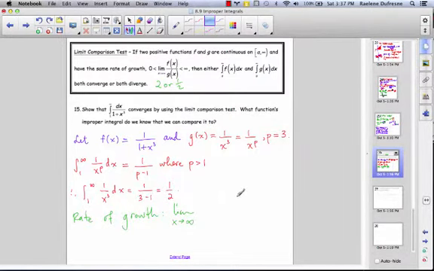So I'm going to see, if I put the f of x in the top, I have 1 over 1 plus x cubed divided by 1 over x cubed. This works out to be the limit as x approaches infinity, and then instead of dividing by 1 over x cubed, I can multiply by x cubed.